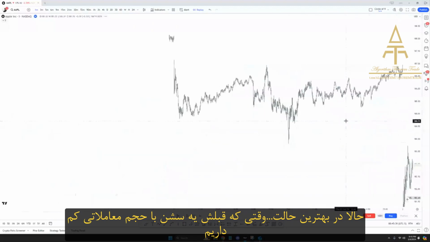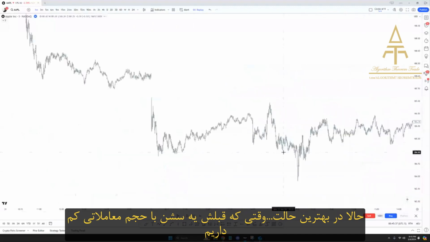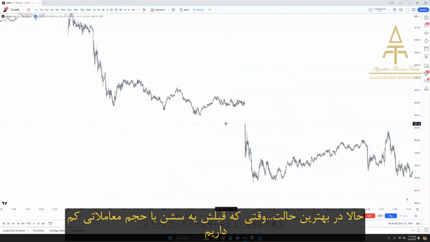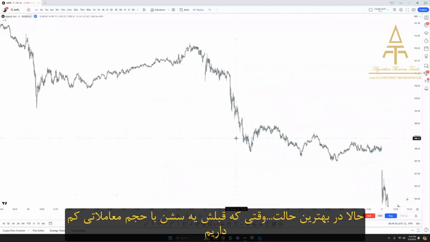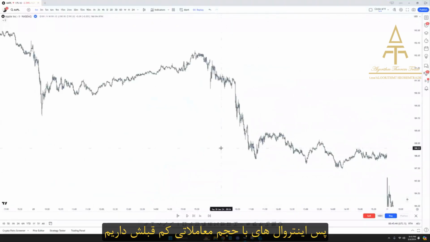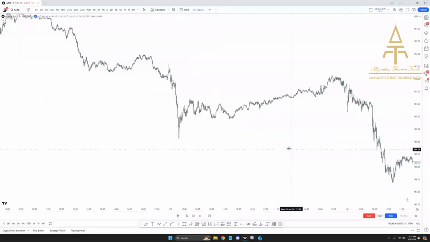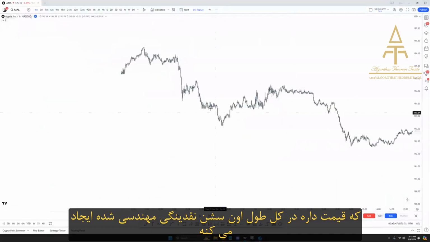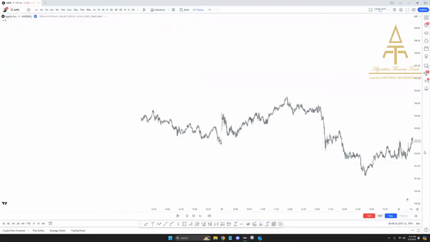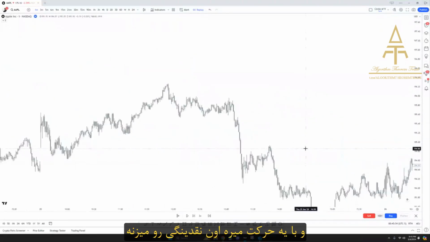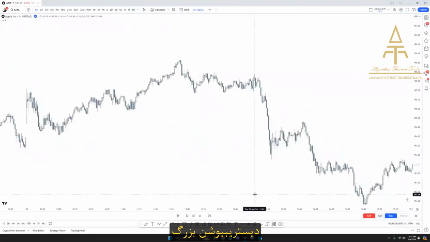And it has the best case scenario when there is a non-volatile session before it. So non-volatile intervals before it. When price is just creating engineered liquidity throughout the entire session, and then it takes it out in one singular move, a large distribution.